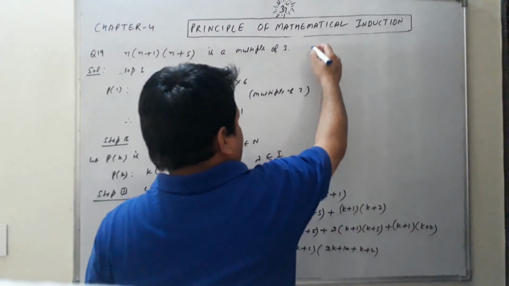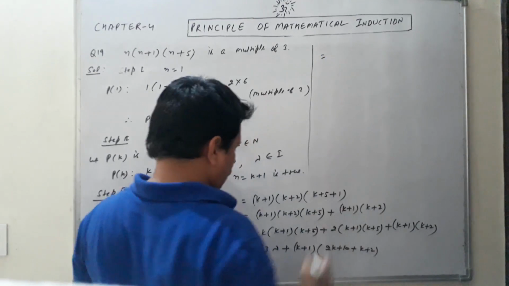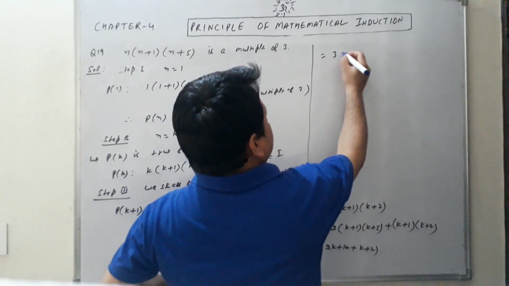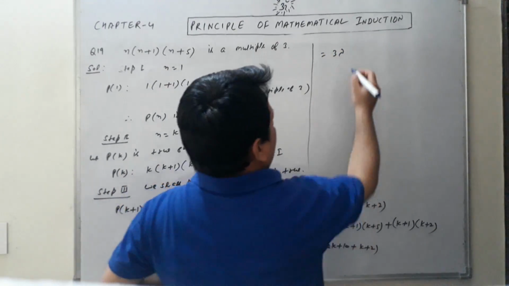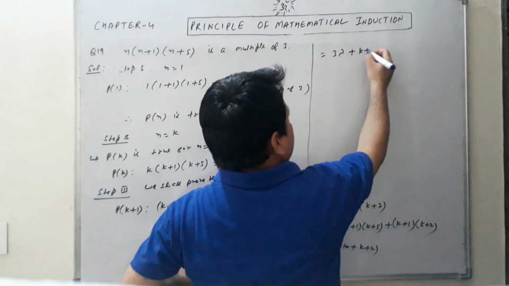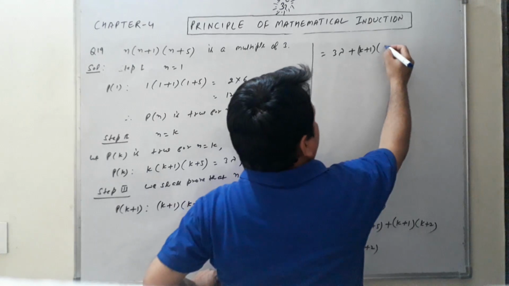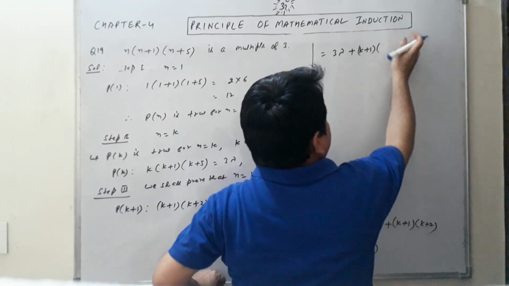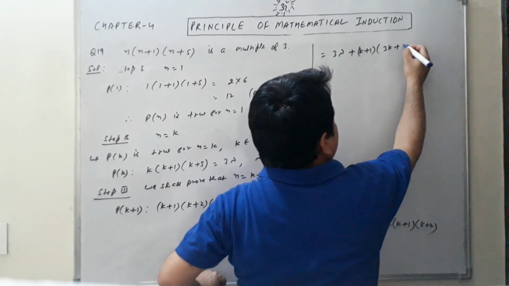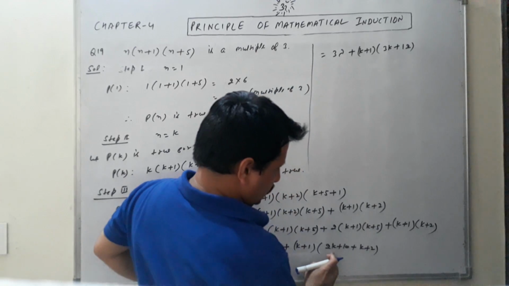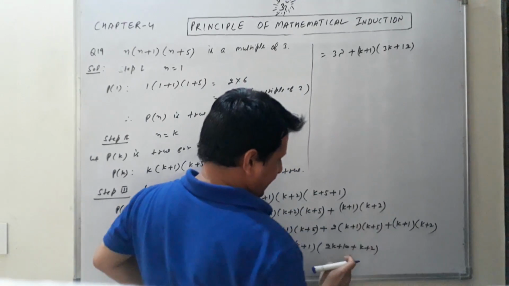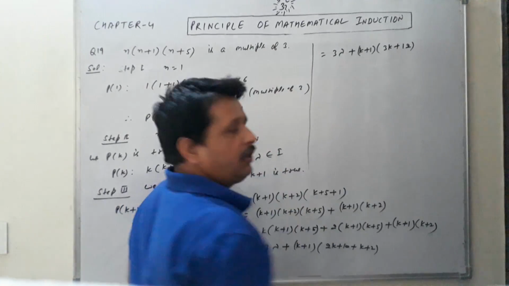Now after that this is equal to 3 lambda plus k plus 1 into 3k plus 12. 2k plus k is 3k, 10 plus 2 is 12.